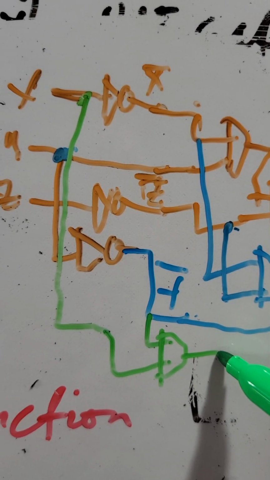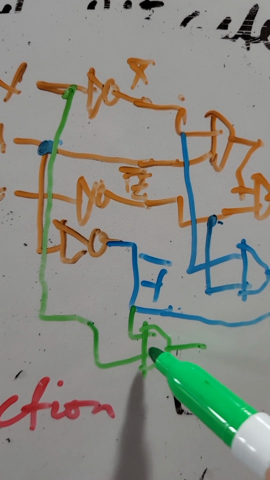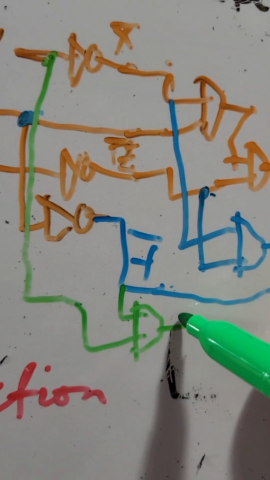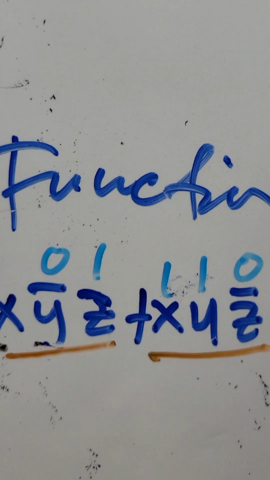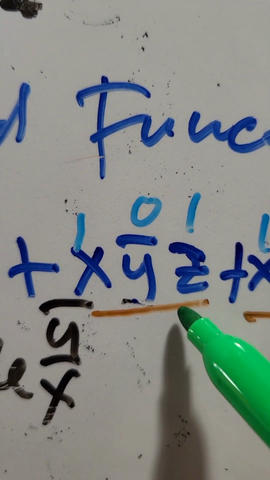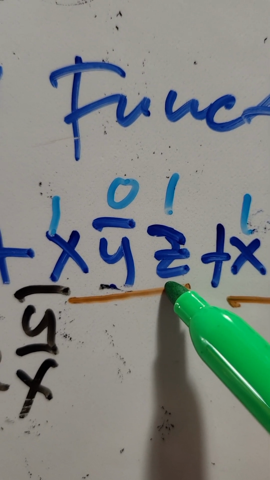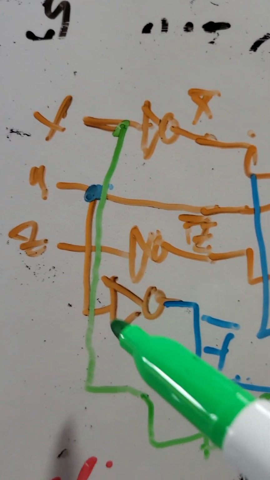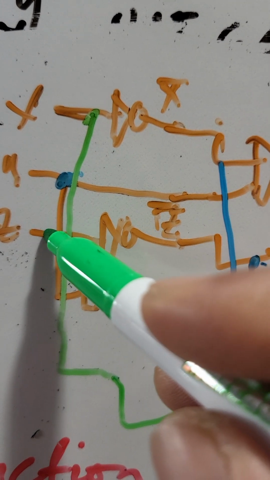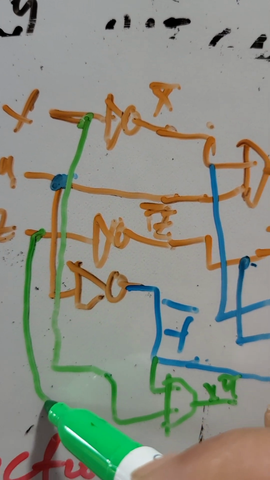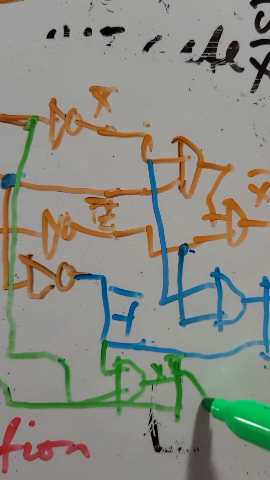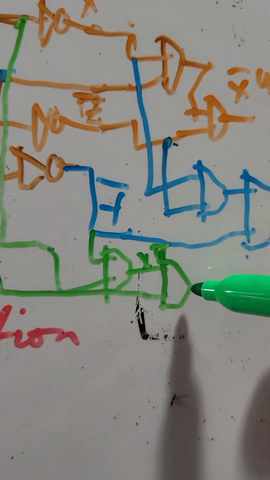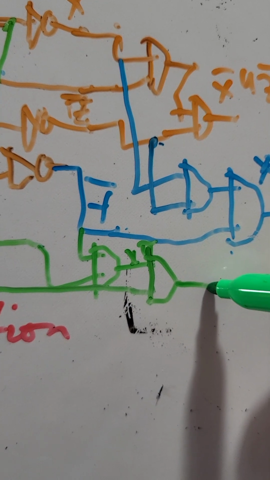So this is actually x y bar. Then you have another variable which is z. So tap here before the inverter. Then another AND gate, again because we limit our AND gate to just 2 inputs.